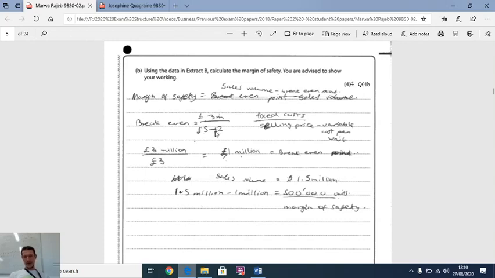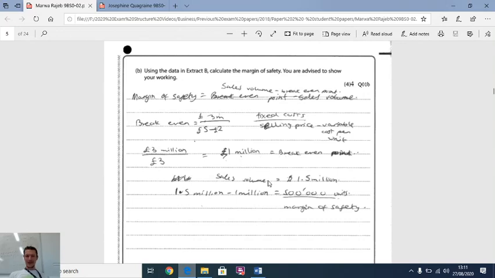I'm not a professional marker by any means, but I would maybe prefer to see this part of the calculation underneath part 1 and part 2. Anyway, that's me being picky. So it's 3 million divided by 5 minus 2, equals 1 million. So 1, 2, and 3, if you're following my mouse there, gets you the break-even point.